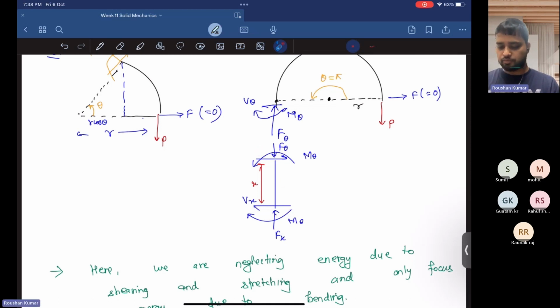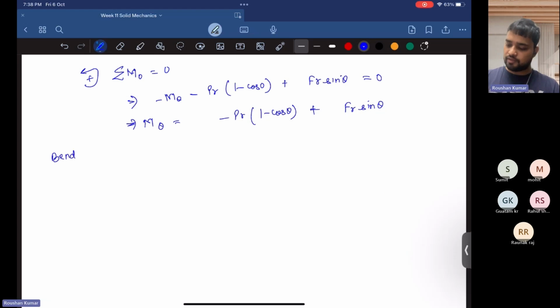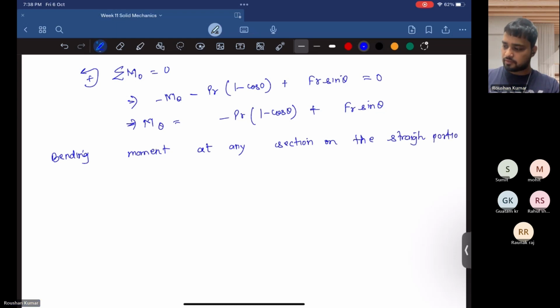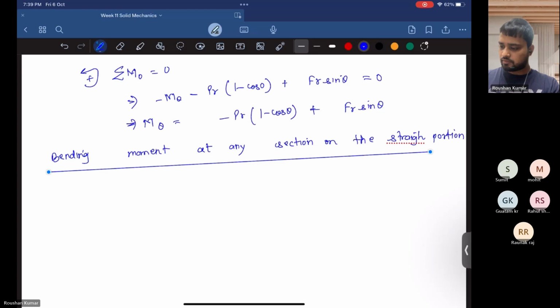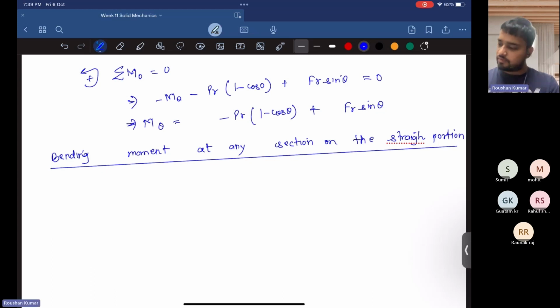Now the bending moment at any section on the straight portion is given by summation over M naught, taking this direction as positive, equal to 0.